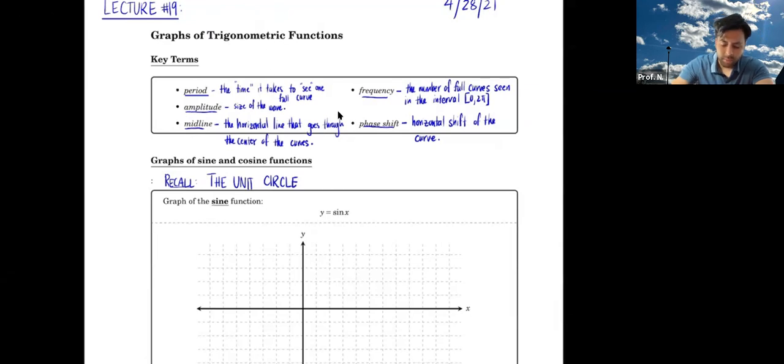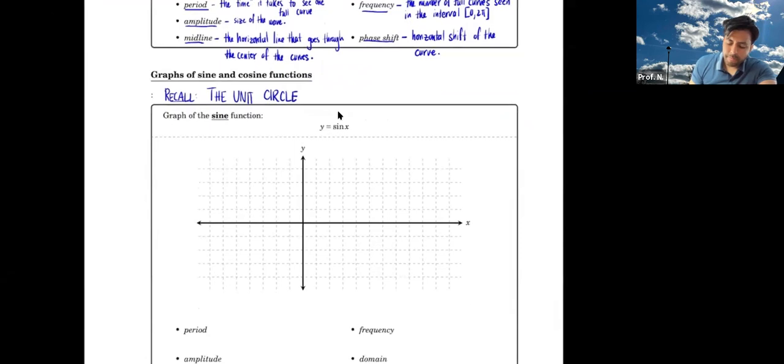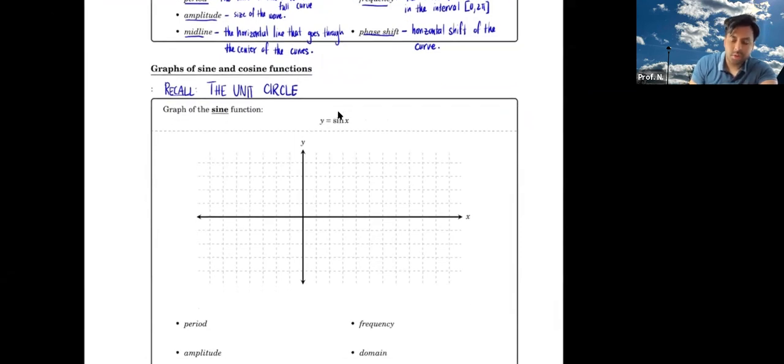Okay, so if you recall, in the unit circle, the x values were given by what? Cosine theta. And the y values were given by what? Sine theta. Let's just make this theta for now, so you won't get confused with x and y's.